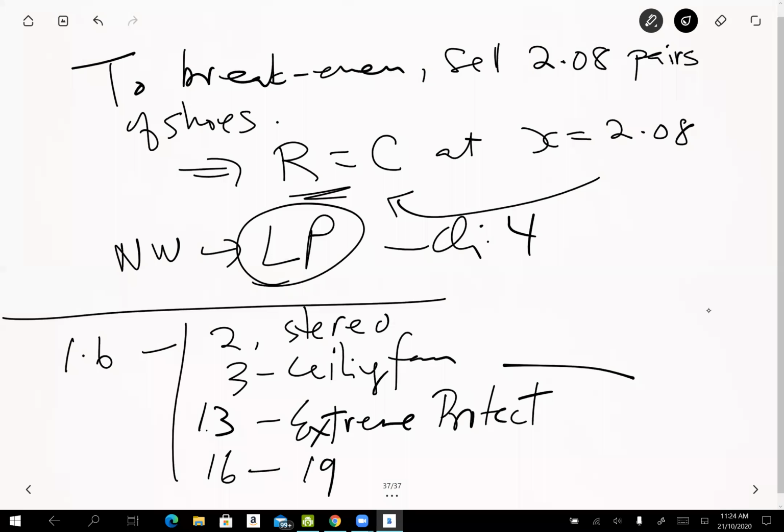So a good number of questions for you to practice, to make sure we understand the concepts: break-even, the marginal revenue, the marginal cost, and that we can solve the system. So this will not be very difficult.